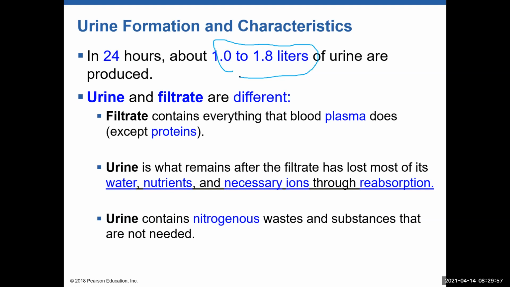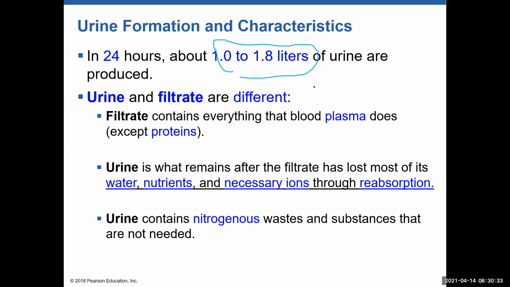We need to know that there is a difference between the urine and the filtrate. Urine is basically what we don't need. When the filtrate has lost most of its water, nutrients and necessary ions through reabsorption, whatever is left, be it urea, uric acid, or nitrogen wastes, will be in the urine.